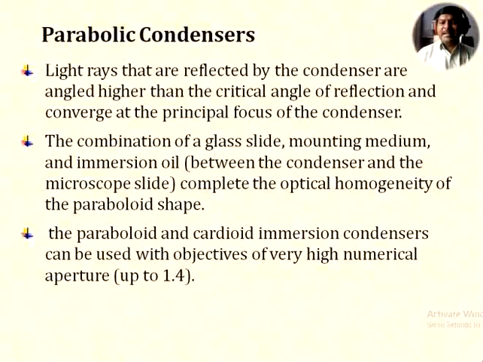That means specifically at low numerical aperture we use the Abbe's condenser, but in case of very high numerical aperture we have to use the cardioid and parabolic condensers.